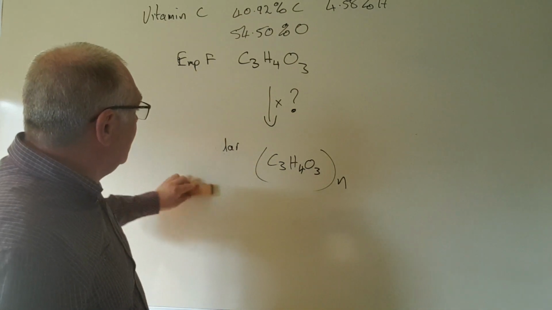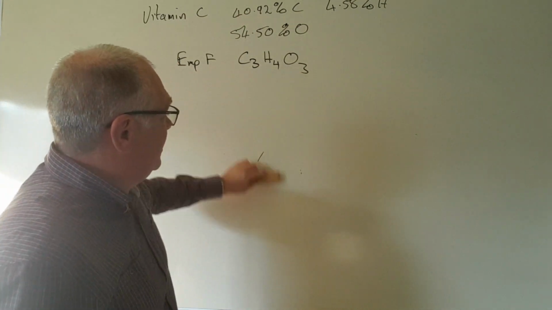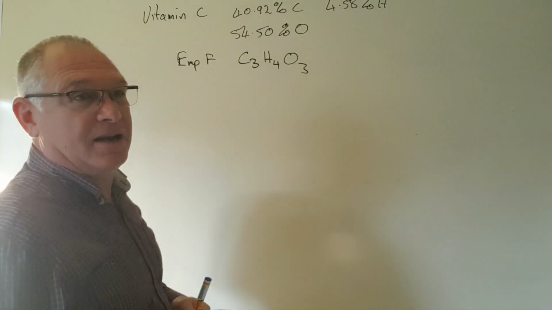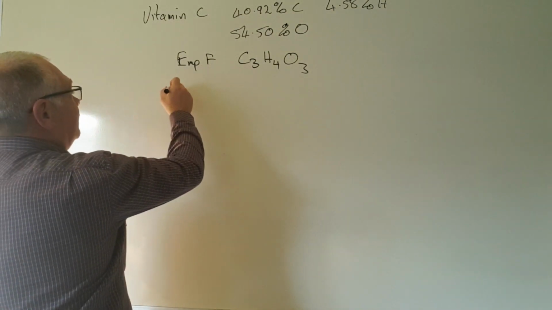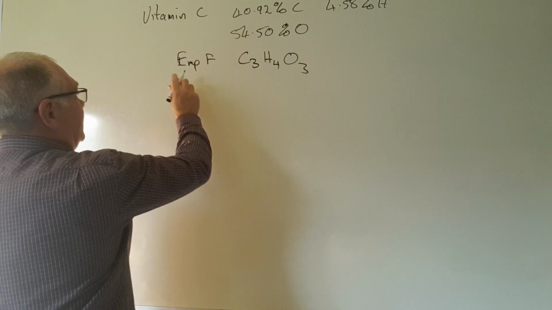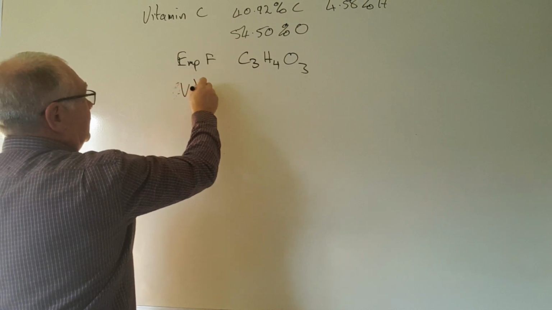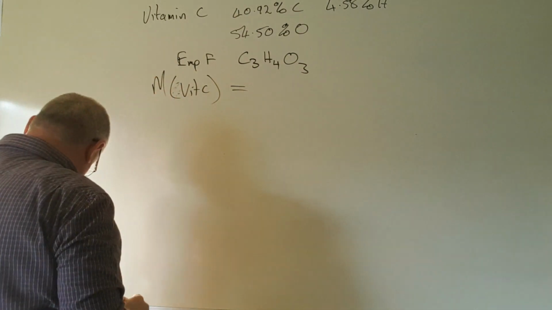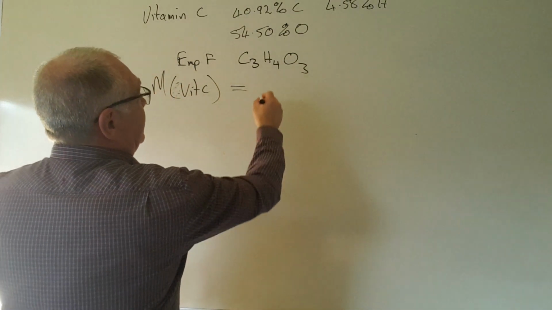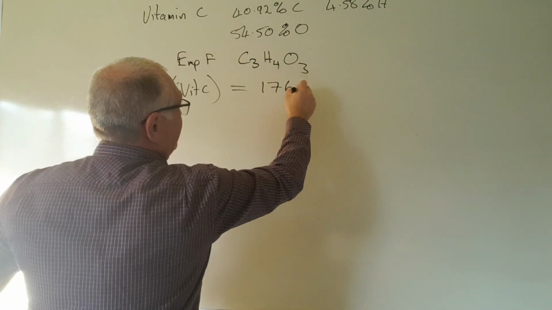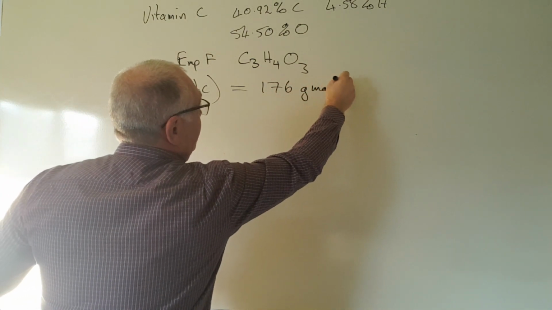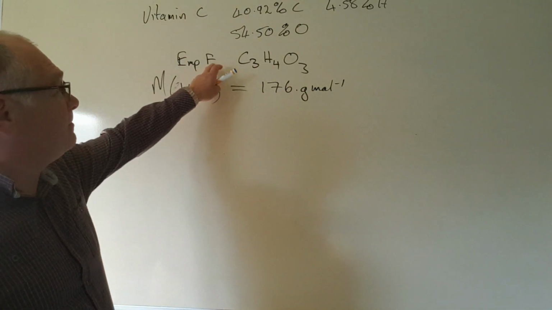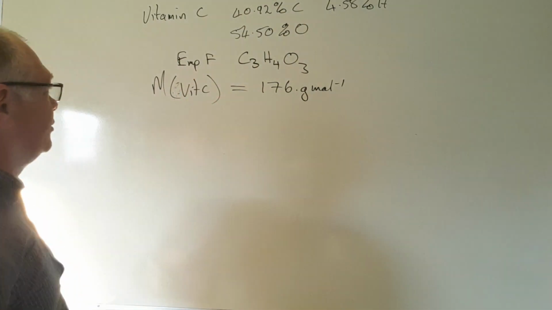Well, you will be given another piece of data, the molecular mass of the vitamin C. So we're told in the data that the molecular mass of vitamin C is 176 grams per mole. Now the vitamin C molecule is some multiple of the empirical formula.